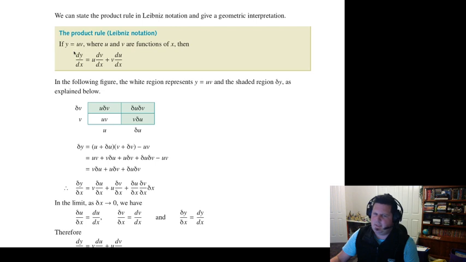Yep. So it's same thing. It doesn't matter which notation you use, whether you use this or the previous one. Ultimately, you're still doing the same thing. The first function multiplied by the derivative of the second function, plus the second function multiplied by the derivative of the first function. Yep. Cool.